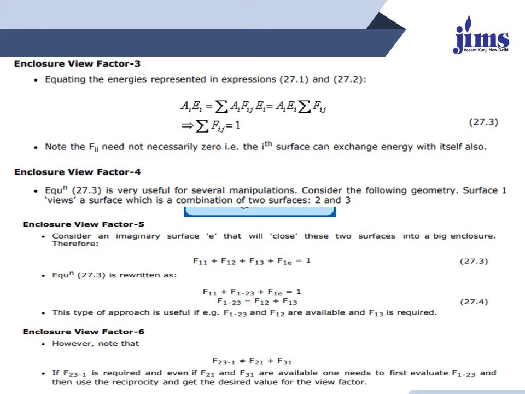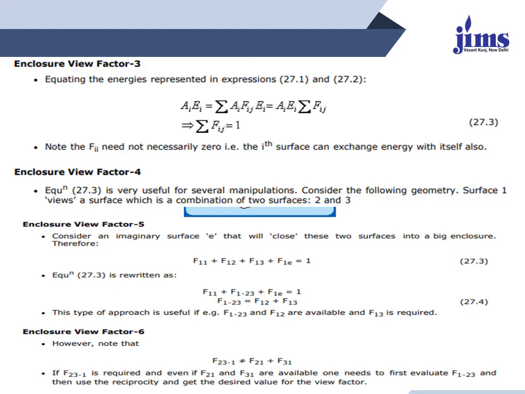Equating these energies represented in expressions 27.1 and 27.2, Ai Ei is equal to the summation of Ai Fij Ei, which is Ai Ei times the summation of Fij, where the summation of Fij is equal to 1. Or we can say the summation of the shape factors from one surface to all other surfaces should be equal to 1. This is known as the summation rule.